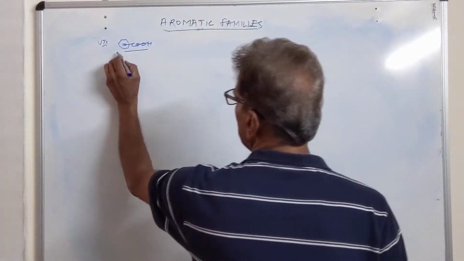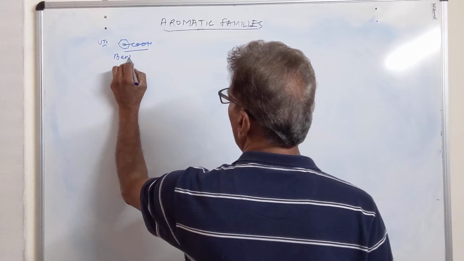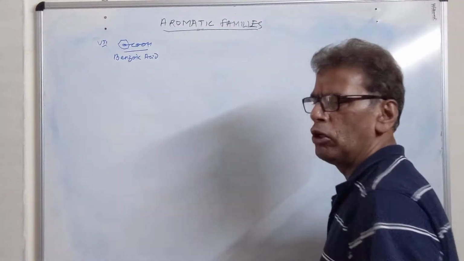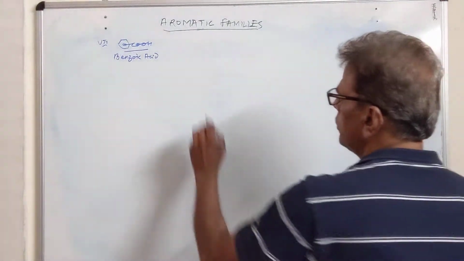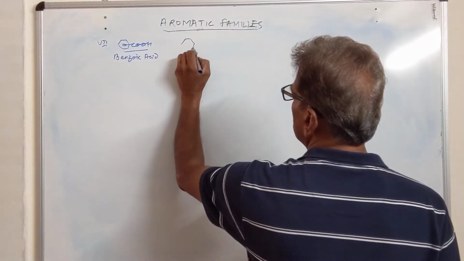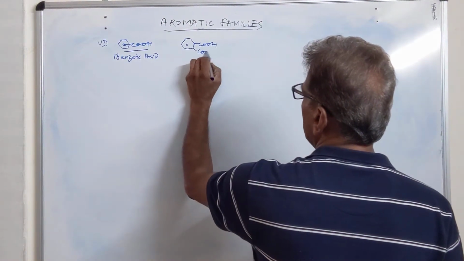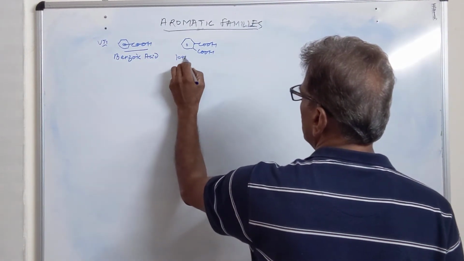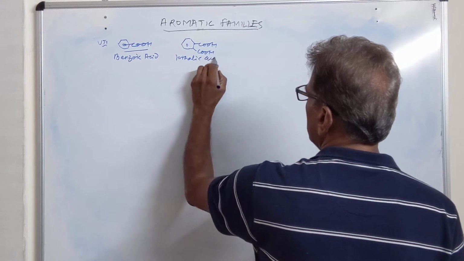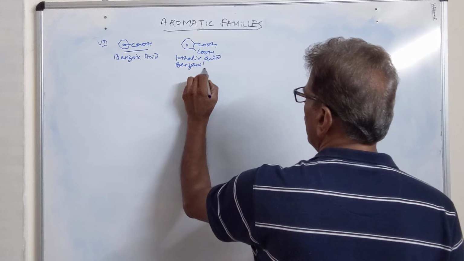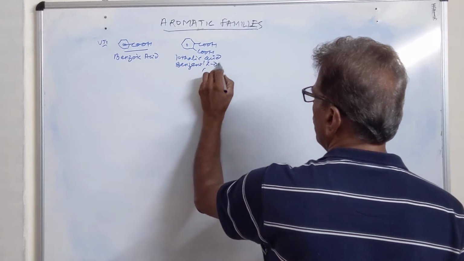This is called as benzoic acid or benzene carboxylic acid. Then we have 2 carboxylic groups attached at 1 and 2 position. It is phthalic acid or it is benzene 1,2 dicarboxylic acid.